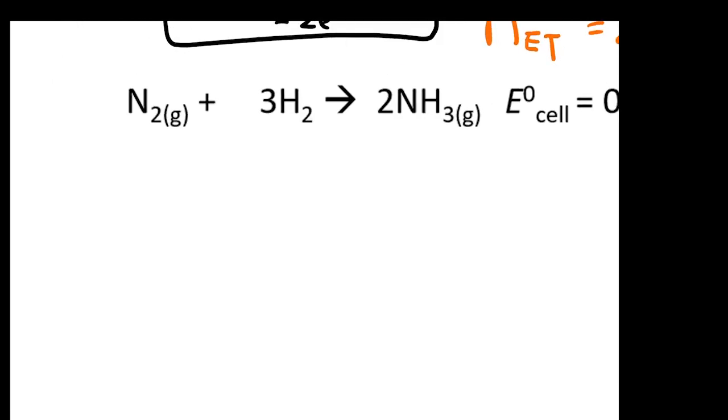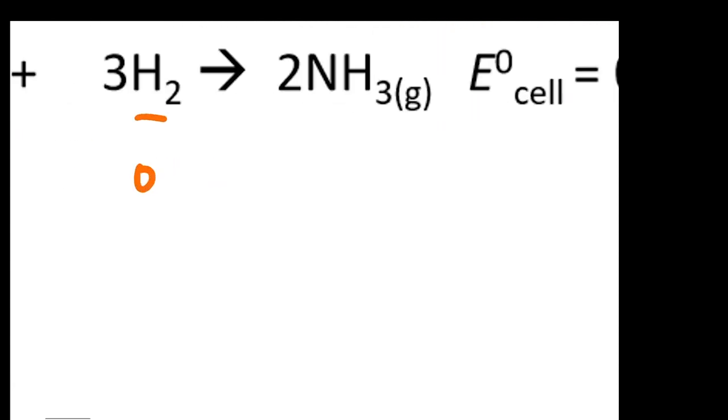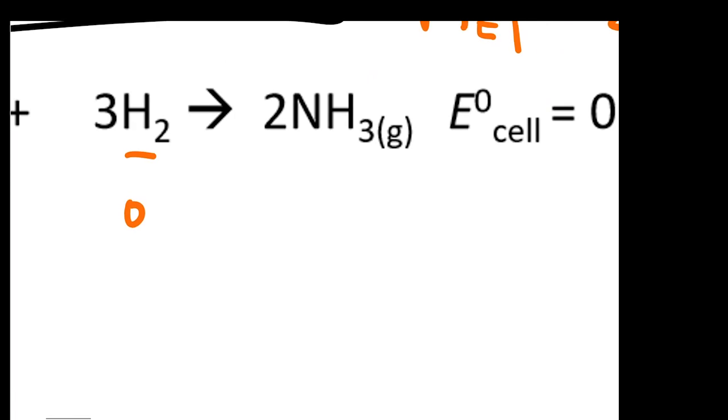Again, we start by figuring out the oxidation numbers of the atoms first. N2 is 0. How about H2? Now you have a compound, 2NH3. What is the oxidation number of your H? +1. How about your N? -3. This is the step where you need to be super quick. You don't have time to waste figuring out the oxidation number of every single atom.